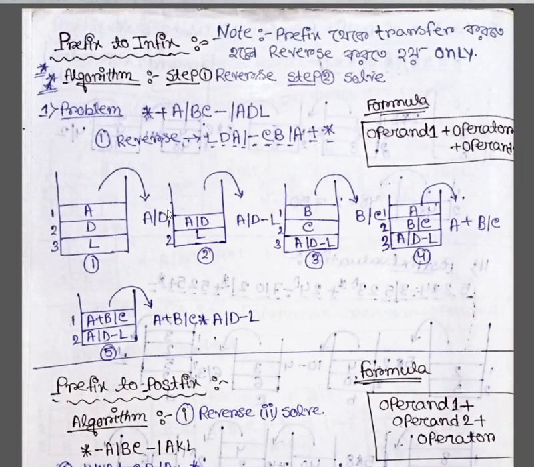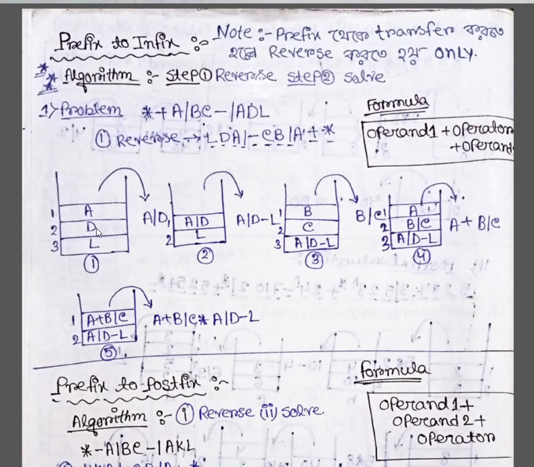Operand 1 is the first thing we should pop out because the stack follows the LIFO principle. So A is popped out, and then the operator. We encounter this division operator, so we write this division operator, and then we have to pop the operand 2.